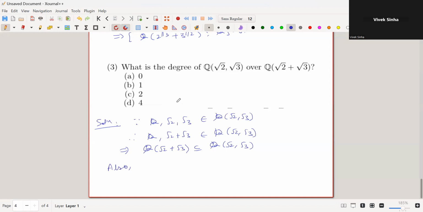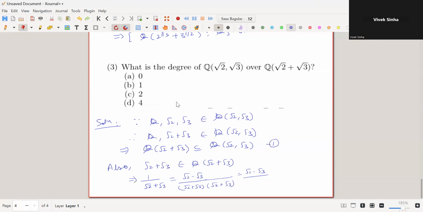So also you have root 2 plus root 3 inside this. This is one element, root 2 plus root 3, and since this is a field, we have the inverse of it. Just rationalize it: multiply by root 2 minus root 3, a plus b, a minus b, the denominator will be 2 minus 3, that is minus 1.